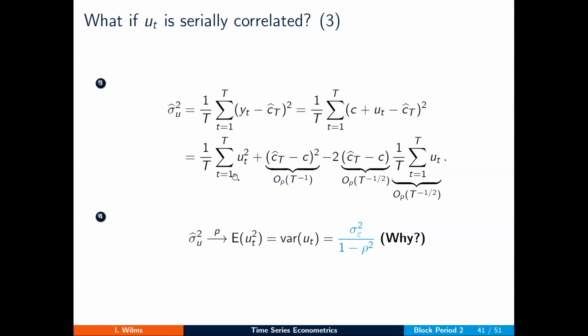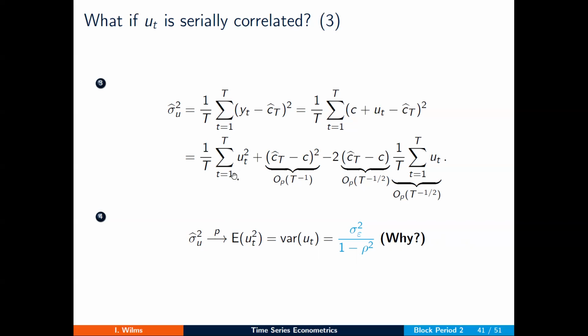I have the squared term with the u's, I have the squared term with the c's, and I have the cross product term. Verify, like before, that you agree with these stochastic orders, such that it then becomes clear that the first term is the dominant one when we let the sample size go to infinity.